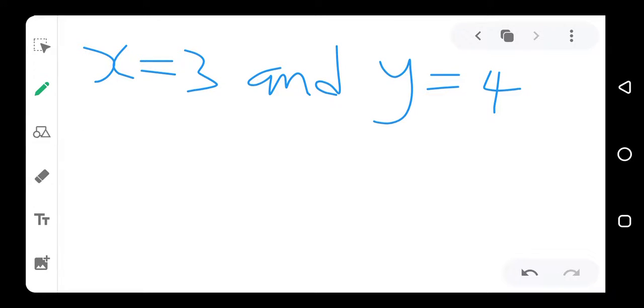Now full stop. Question number 1. Find the relationship between the variables, or find the equation connecting the variables.